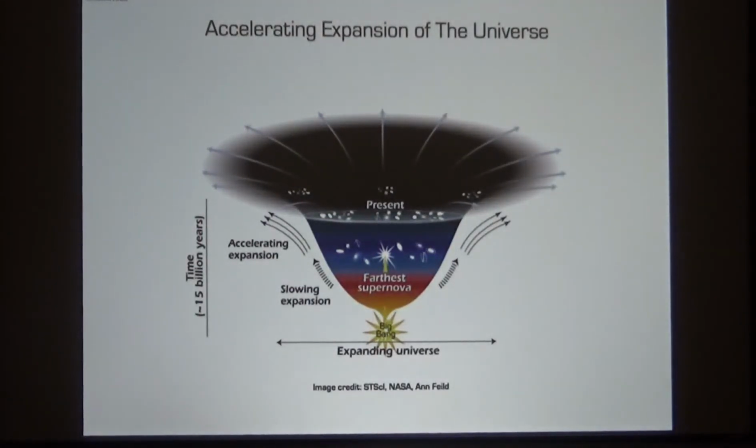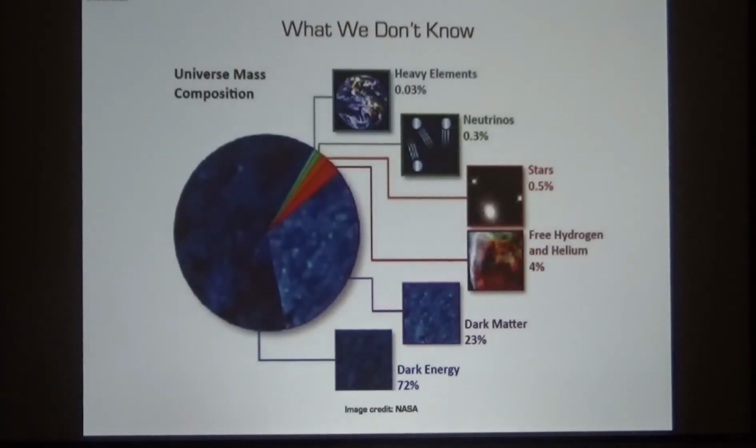So, just to mention this, as you increase your time since the Big Bang, the expansion of the universe accelerates. So, this gives us a picture of the universe where we've got dark matter and dark energy. And it turns out these actually account for a lot of the mass-energy budget of the universe.